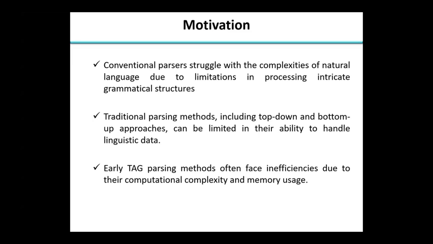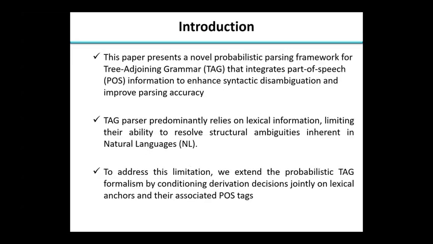Early TAG parsers faced insufficiency due to computational complexity and memory usage. Even after we improved the memory and computational infrastructure, parsers find it very difficult to capture the statistical dependencies between the structure of the source sentences.